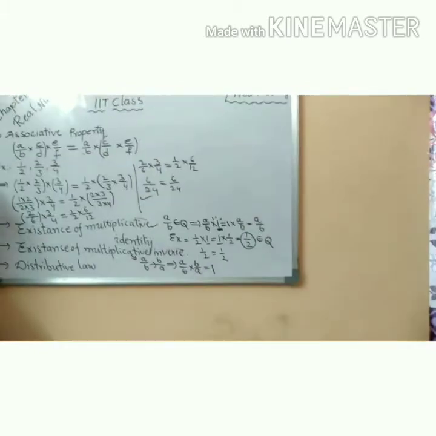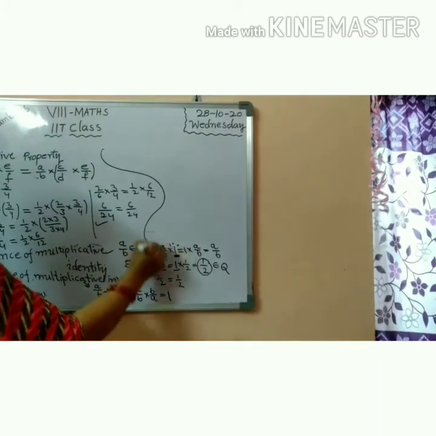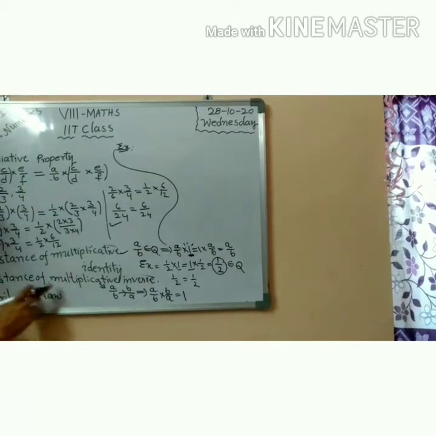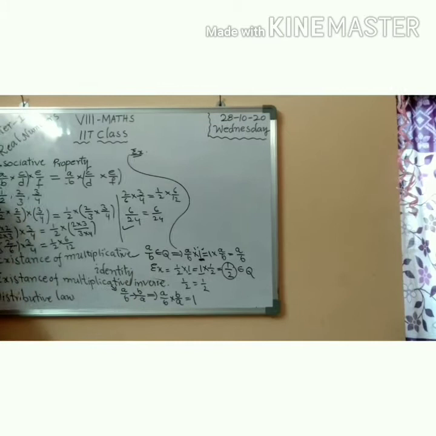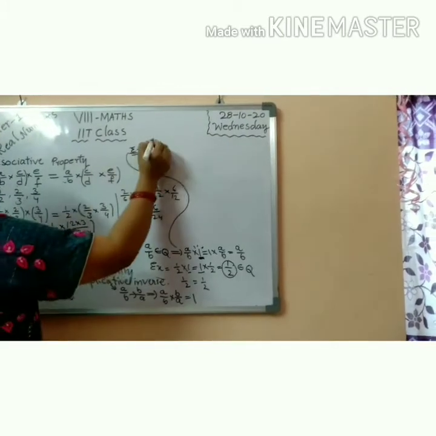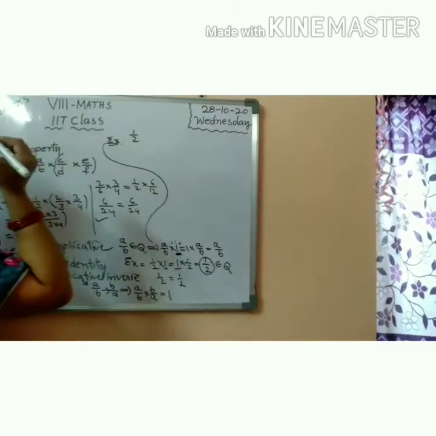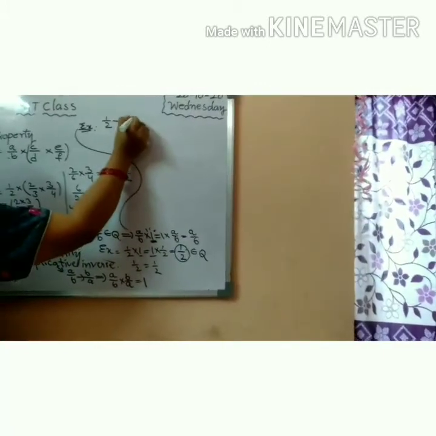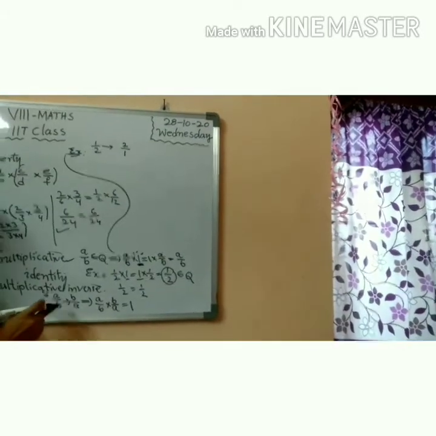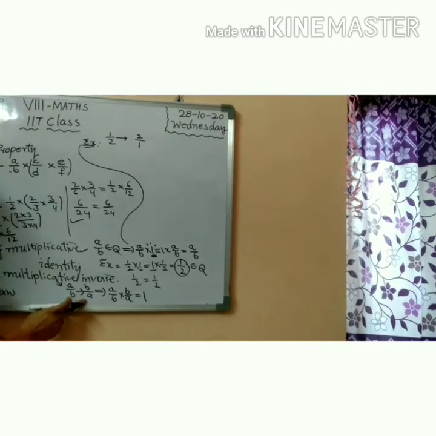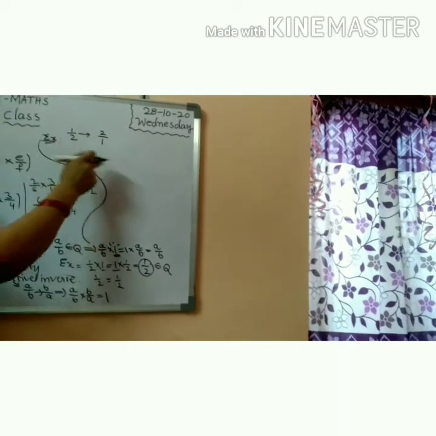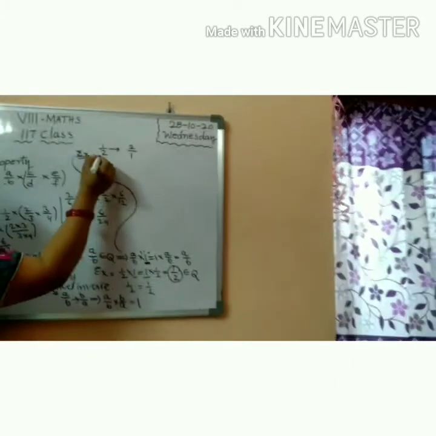Did you understand, children? Now an example of the existence of multiplicative inverse. Take 1/2. The multiplicative inverse of 1/2 is 2/1. The multiplicative inverse of a/b is b/a, so the inverse of 1/2 is 2/1, the reversed rational number.